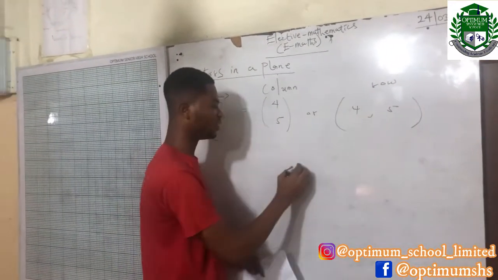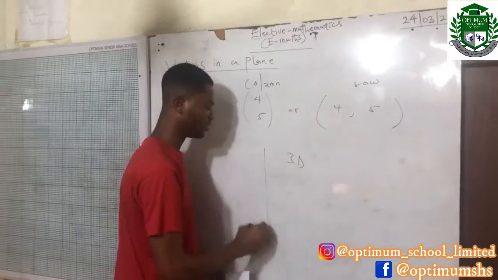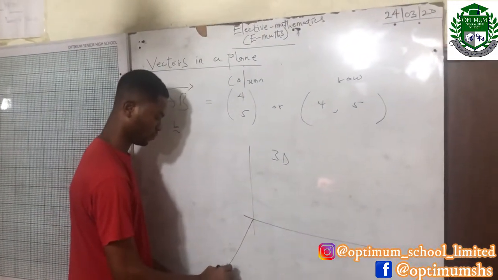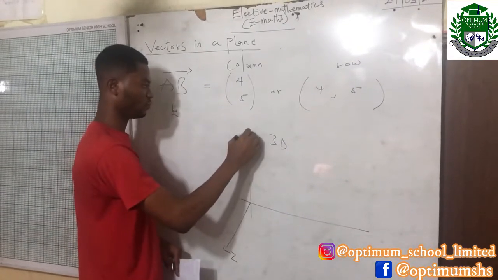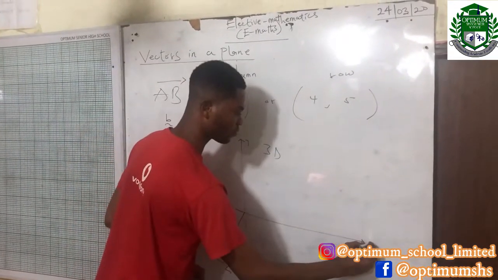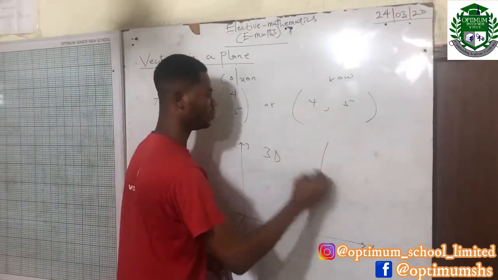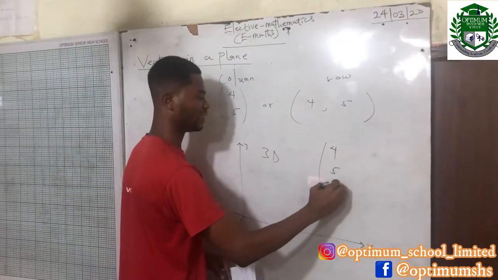So what if I'm dealing with a three-dimensional Cartesian plane? How do you put it in row form? That one also is simple. Let's use the same figures and add something to it.